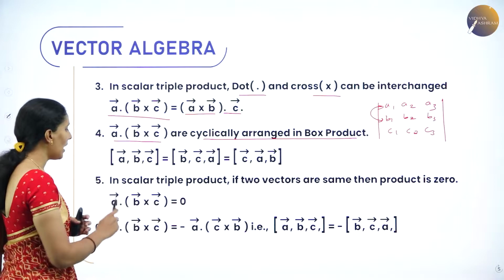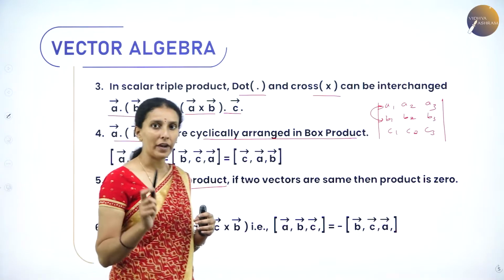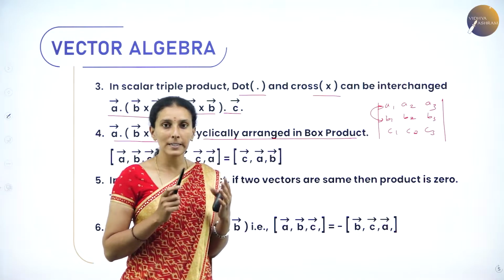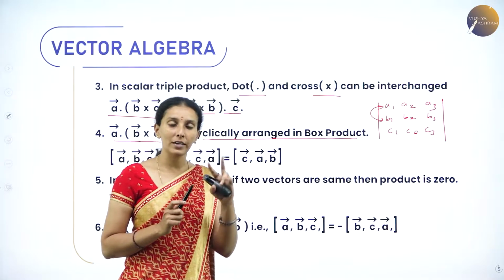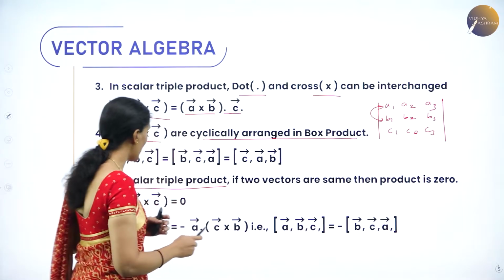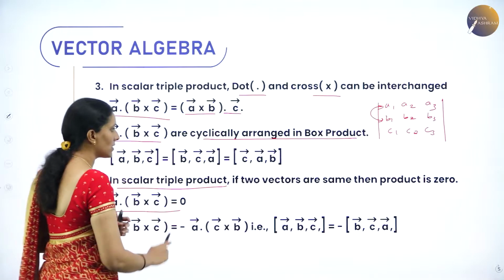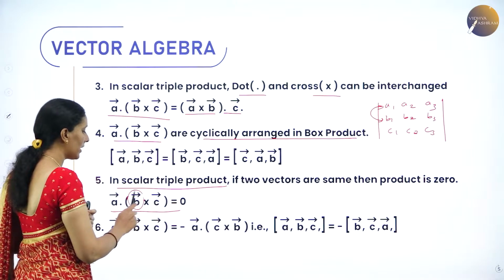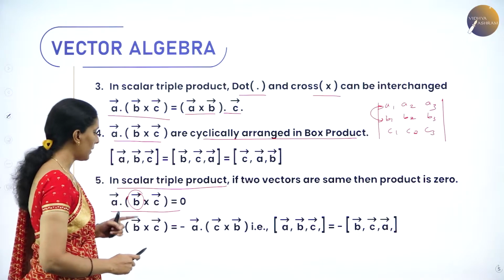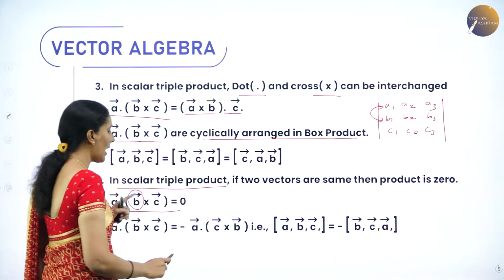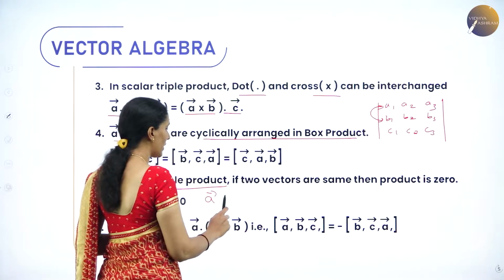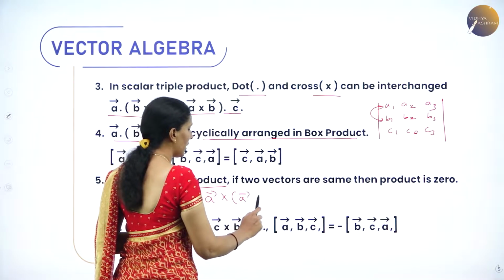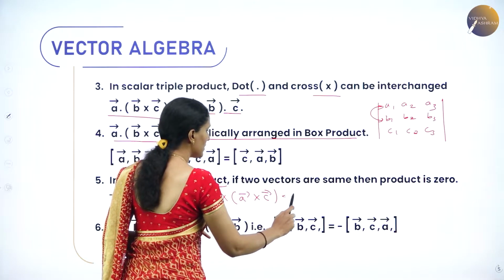Now, in the scalar triple product, if two vectors are the same, for instance in A dot B cross C, then the product is 0. If any one vector is repeated, for example if B is A, that is vector A dot A cross C, then it is 0.